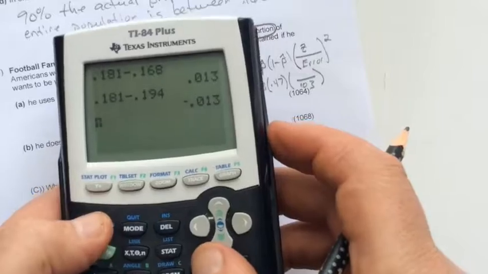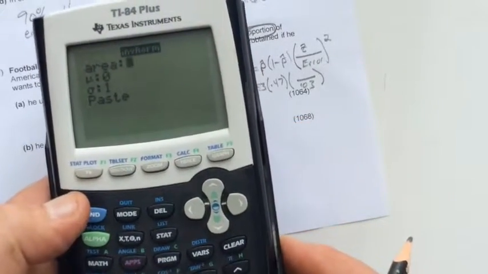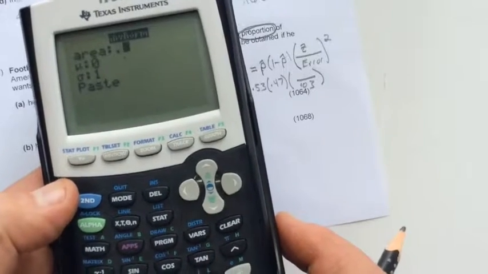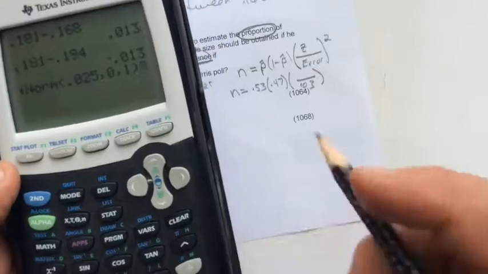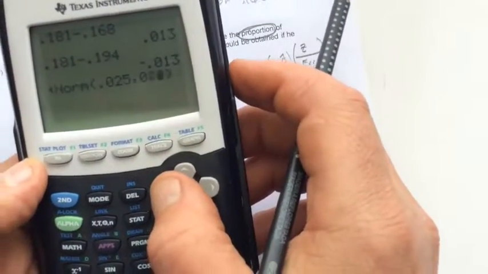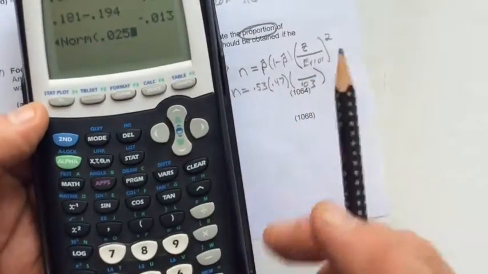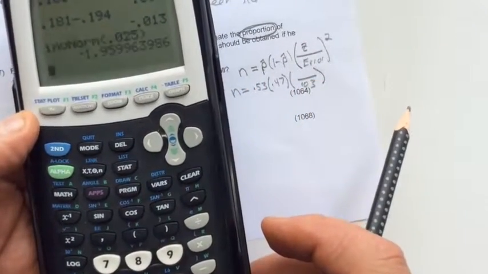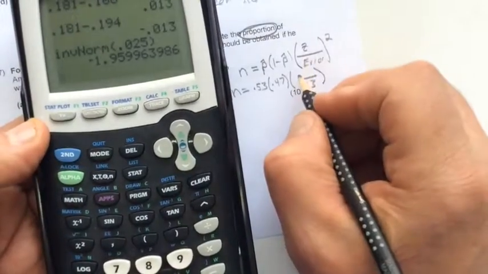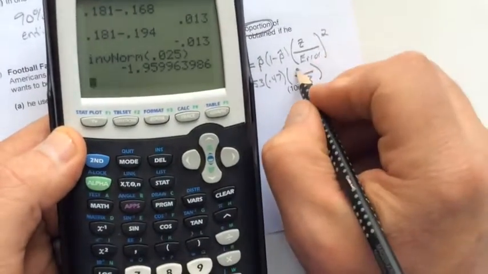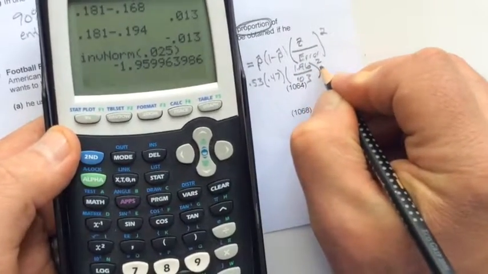So if I do second distribution inverse normal, you put in the bottom tail, 0.025. So see, you don't even need to have that on your calculator. You can just say inverse normal the bottom tail. It's 1.96. So the z-score for 95% confidence is 1.96. Now it doesn't matter if it's positive or negative because we're going to square it anyway.